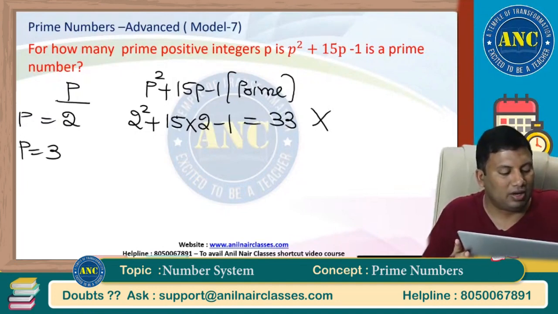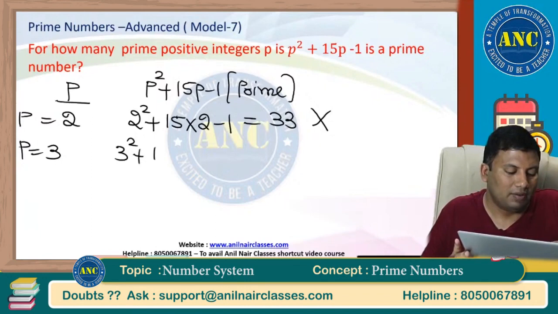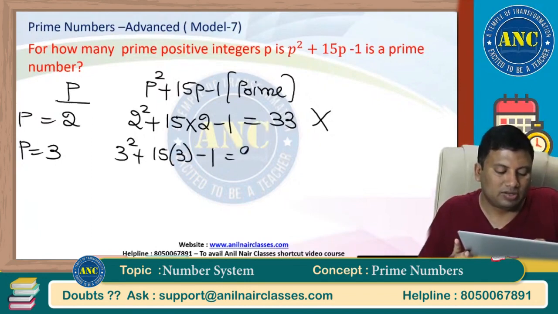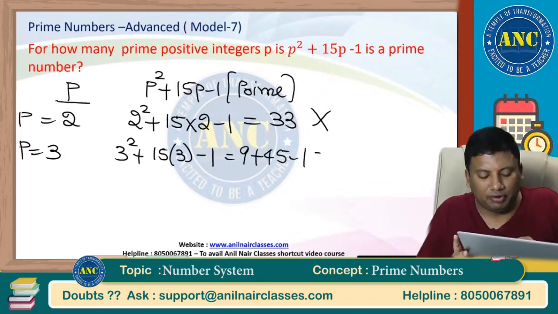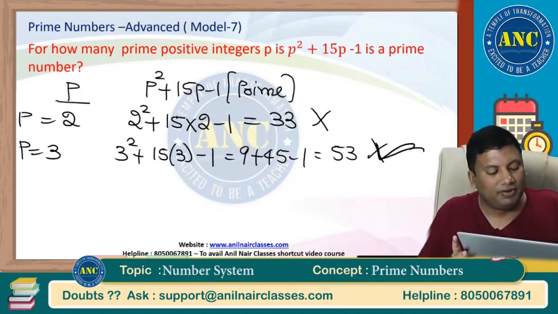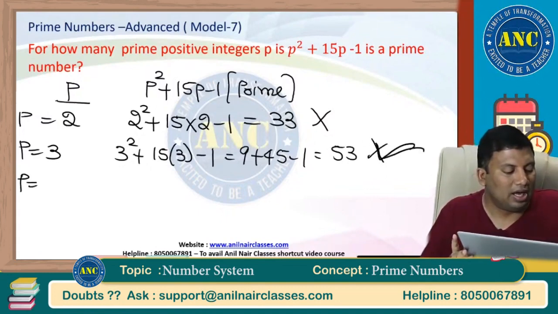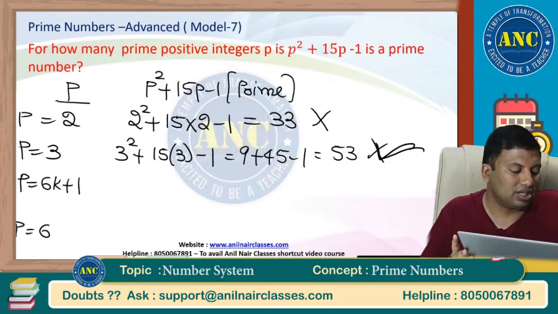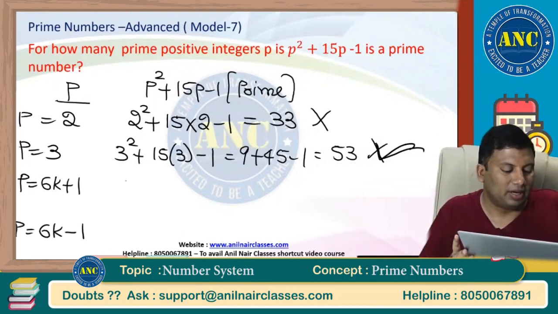If p equivalent to 3, 3 square plus 15 into 3 minus 1, 9 plus 45 minus 1, 54 minus 1, 53. 53 is a prime number. Any prime number greater than 3 is either 6k plus 1 or 6k minus 1.